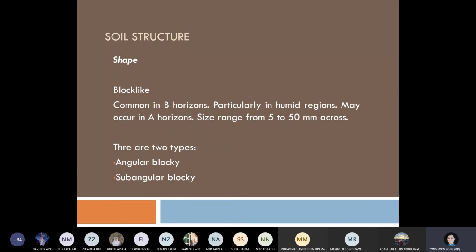Most likely the block-like structure involves very little organic content, while the granular texture involves a lot of organic matter, and the blocky soil texture involves primarily clay.